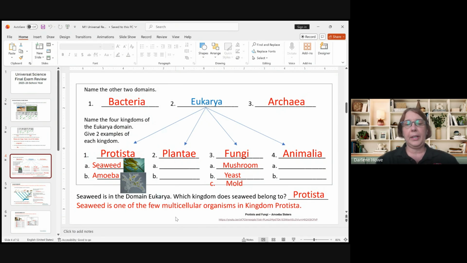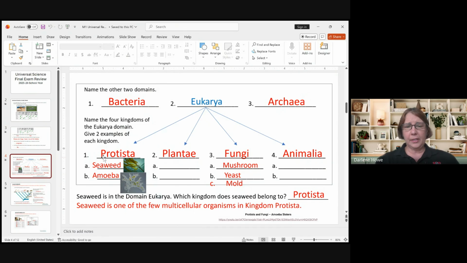All right. So, bacteria and archaea are prokaryotic, and they are two big domains. Eukarya can also be broken down into four different kingdoms. The first kingdom, like when we look at our worksheets, was Protista, or protists.